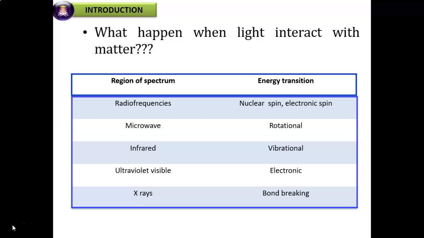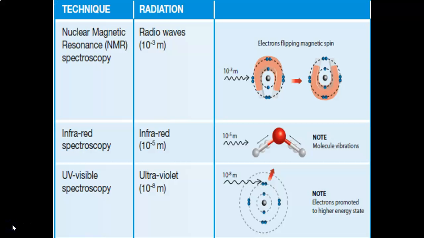In UV visible, the atom will move in electronic motion, and in X-rays, the bond will break. In nuclear magnetic resonance NMR spectroscopy, the radiation is radio wave, which is in the range of 10 to the power of -3 meter. An electron will flip the magnetic spins.